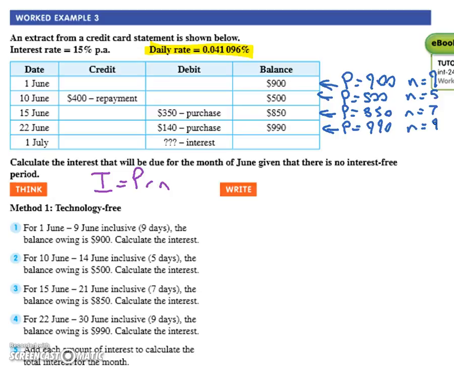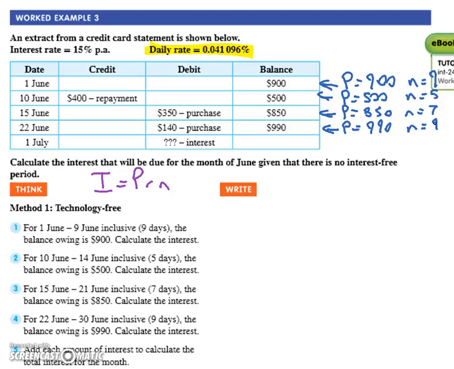We've got R sitting up there. We've now got the P and the N. Now, you may notice we have to do I equals PRN 4 times. You could do it as one big formula, 900 times that number times 9 in brackets plus that number. You could do that, but it's actually easier to just do it 4 times.